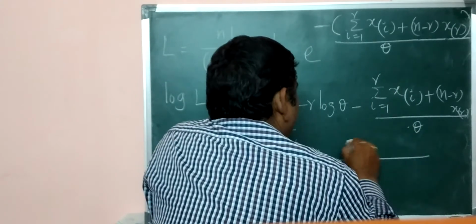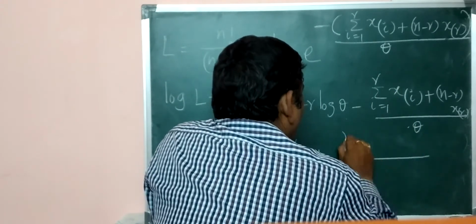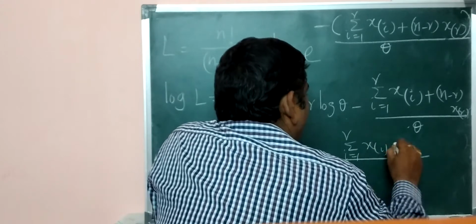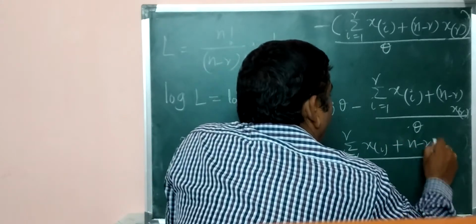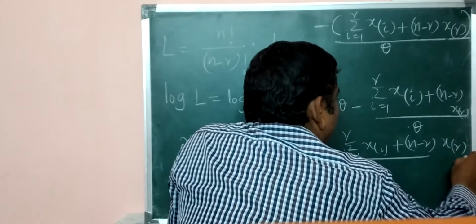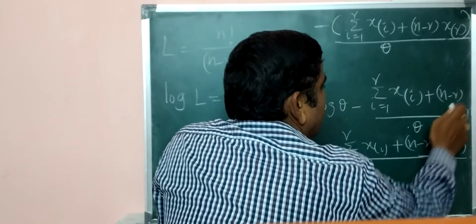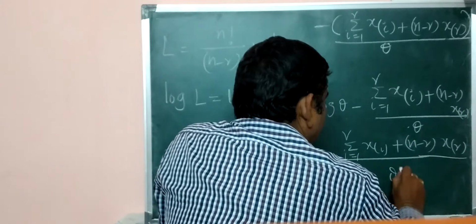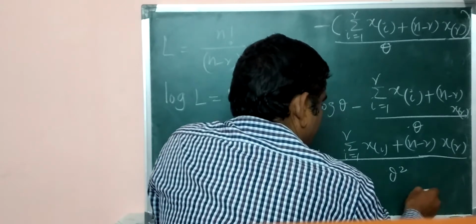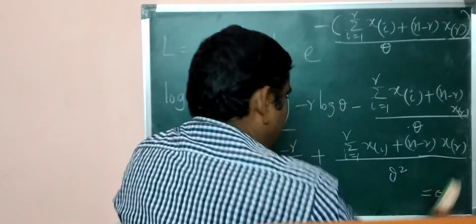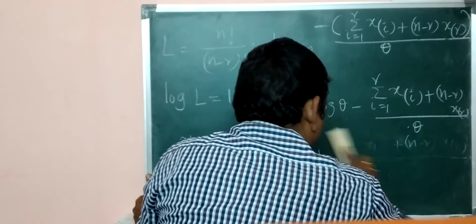Okay, so summation i is equal to 1 to r xi plus n minus r into xr, remember it is xr multiplied, divided by theta square is equal to 0. I did not write is equal to 0. I will write clearly.